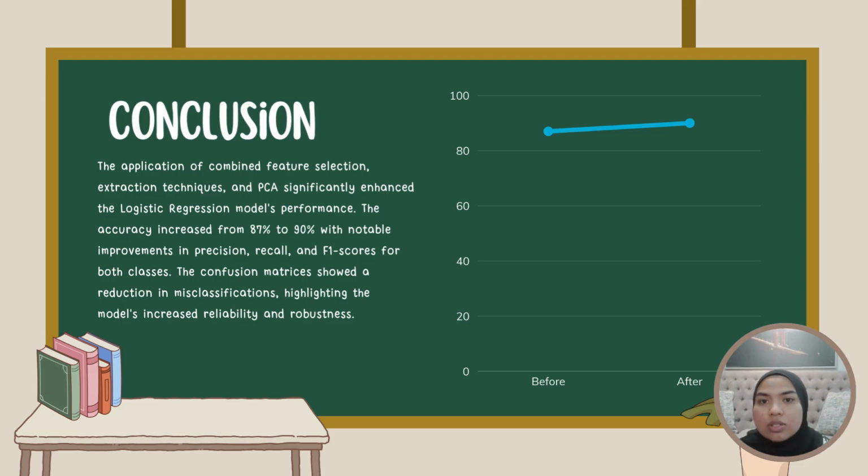The confusion matrices showed a reduction in misclassification, highlighting the model's increased reliability and robustness. This study underscores the importance of integrating multiple dimensionality reduction techniques to handle high-dimensional data and improve the predictive power of machine learning models for complex health conditions like PCOS.